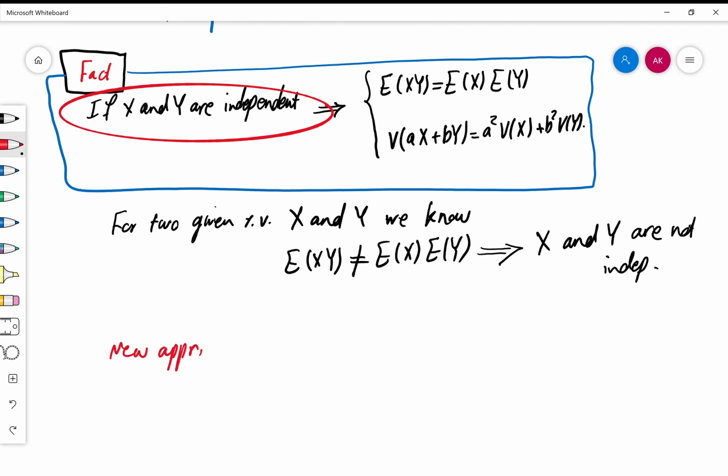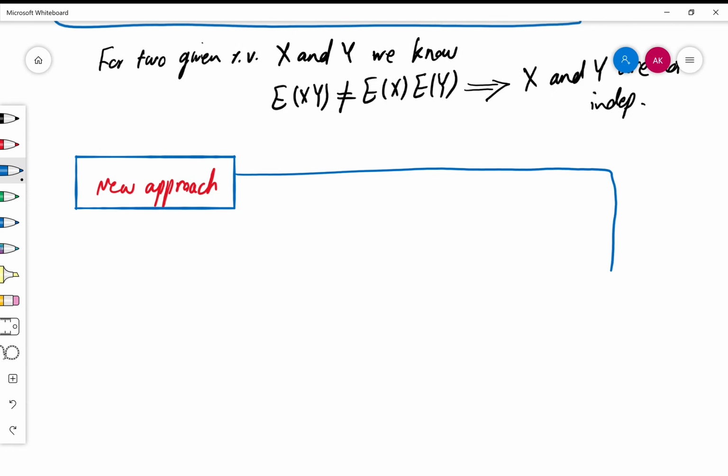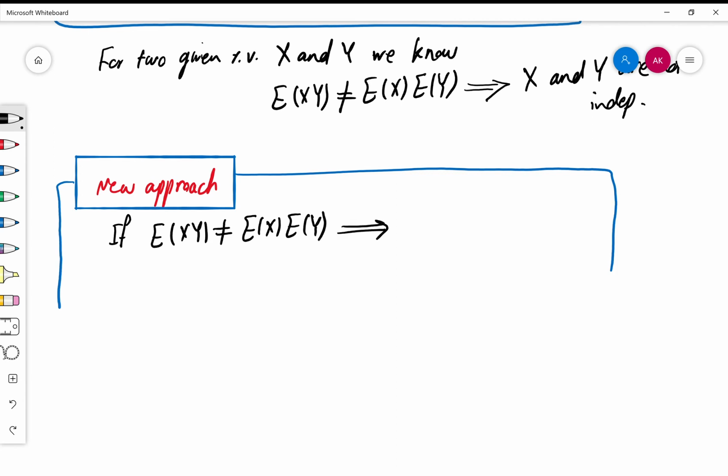Someone gives us two random variables X and Y, and we check if E[XY] is not equal to E[X]E[Y]. Then we can conclude that X and Y are not independent.